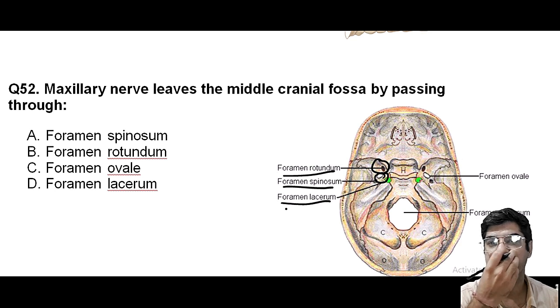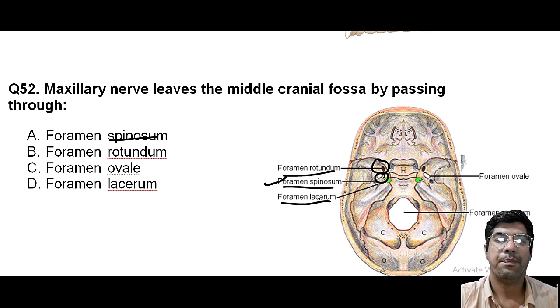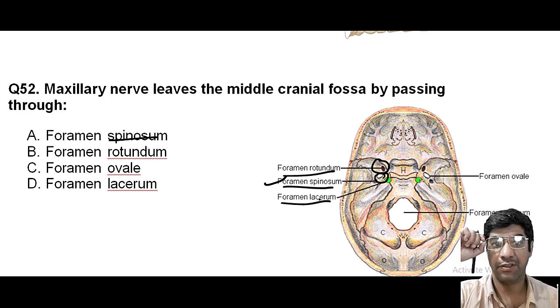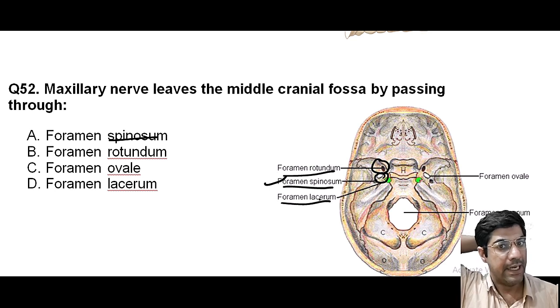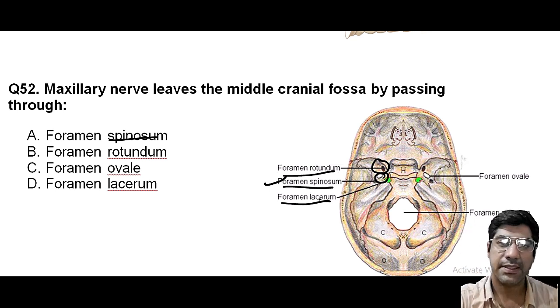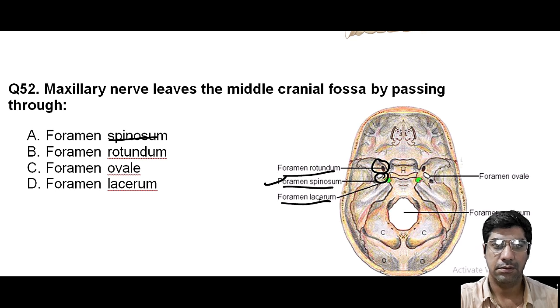The foramen spinosum is located in the middle cranial fossa and is not related to the maxillary nerve. It transmits the middle meningeal artery and vein.